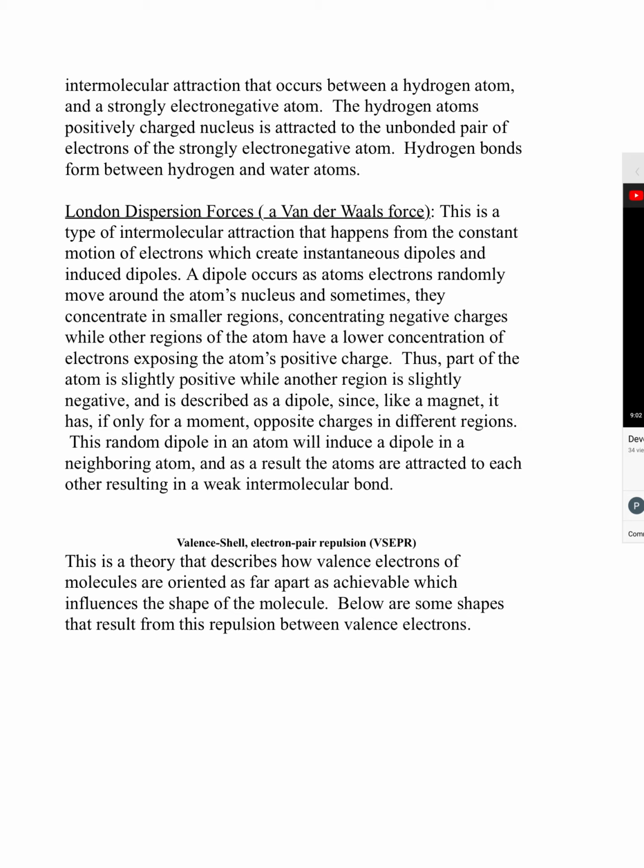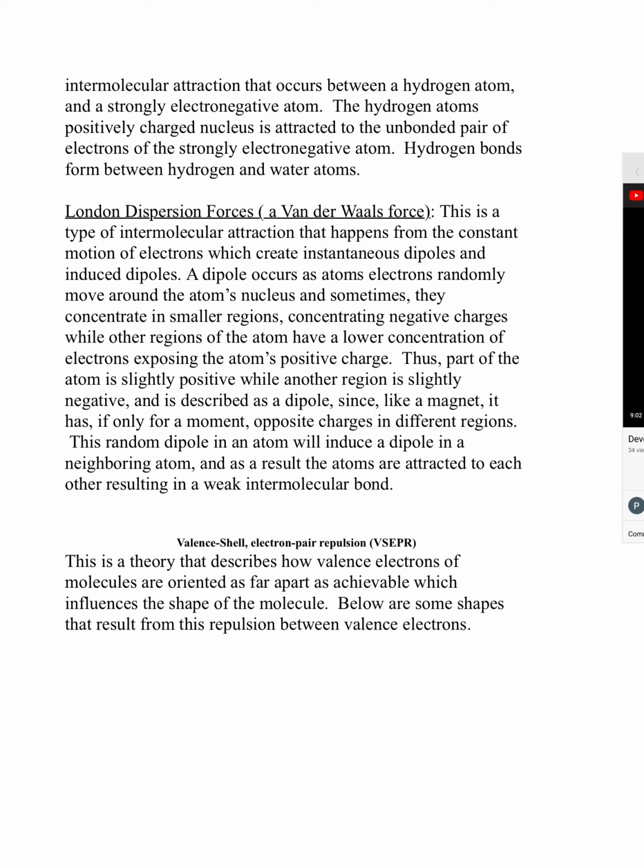And that's important. The shape of a molecule has a very substantial impact on the function of that molecule. So what is it? Valence shell electron pair repulsion is a theory that describes how valence electrons of molecules are oriented as far apart as achievable, which influences the shape of the molecule.